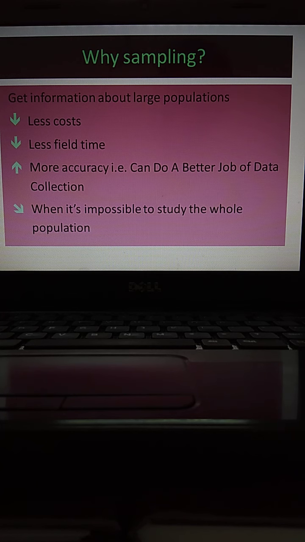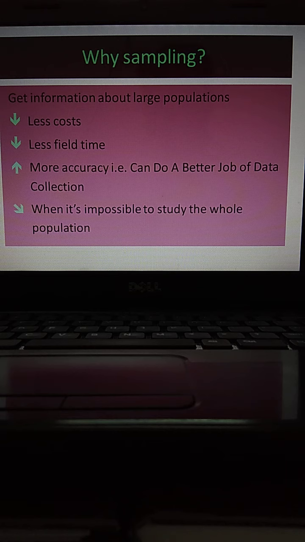So in order to save time, it is better to go for sampling. More accuracy: sometimes the information provided by samples is more accurate than getting information through a census.